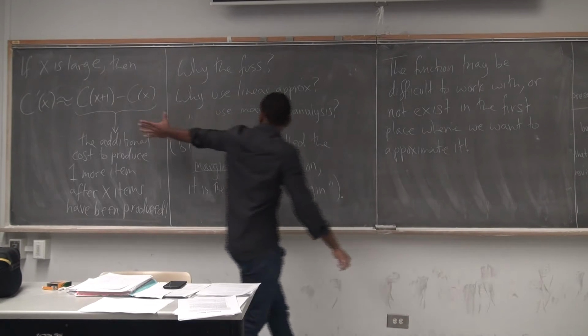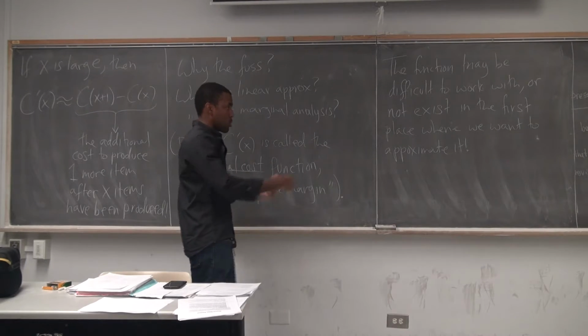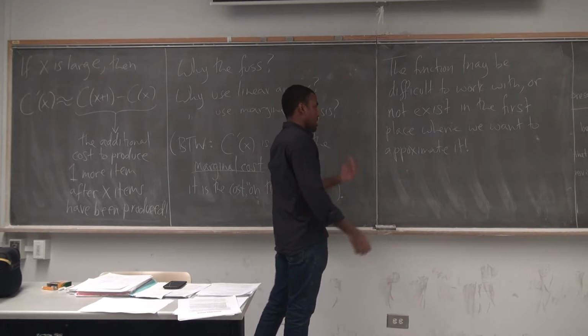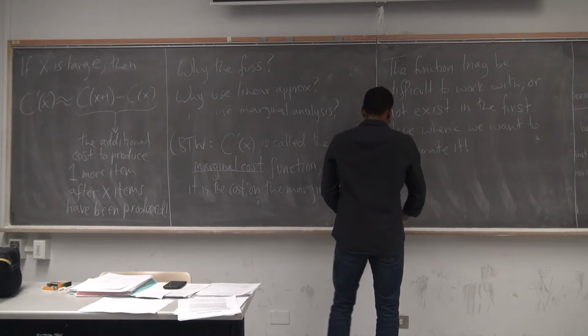The marginal cost function is again using a tangent line where we're assuming that the difference between the x values is 1. And linear approximation is like using a tangent line as well.